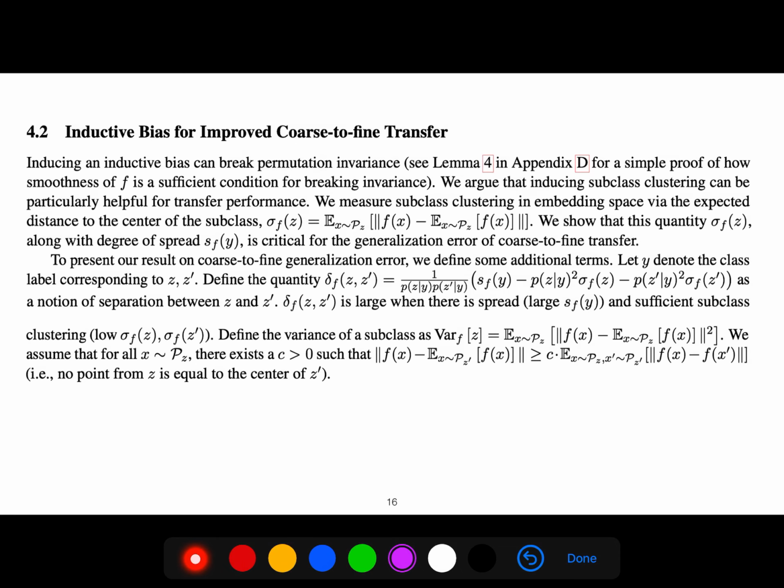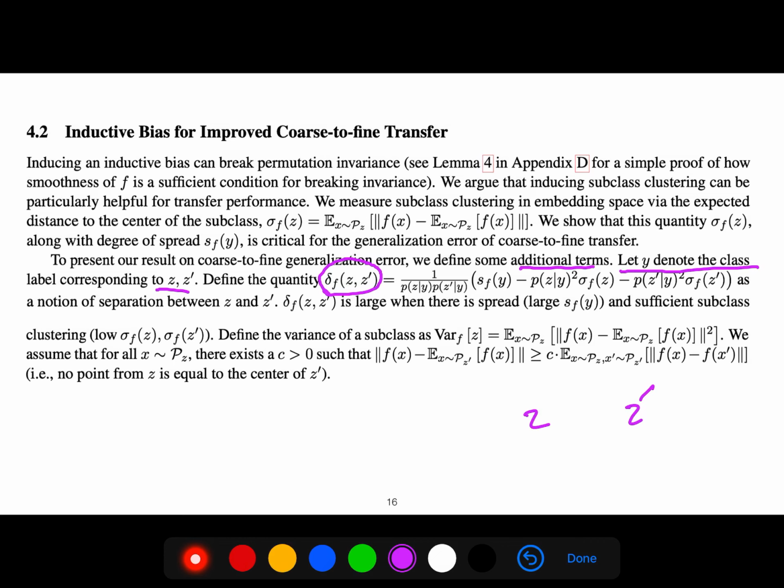Inducing an inductive bias can break permutation invariance. So we define some additional terms. Let Y denote the class label corresponding to Z and Z prime, and define a quantity which is called delta of Z and Z prime, because we need the notion of separation between Z and Z prime.